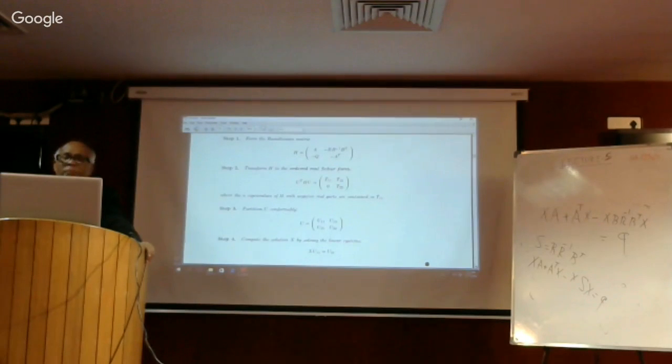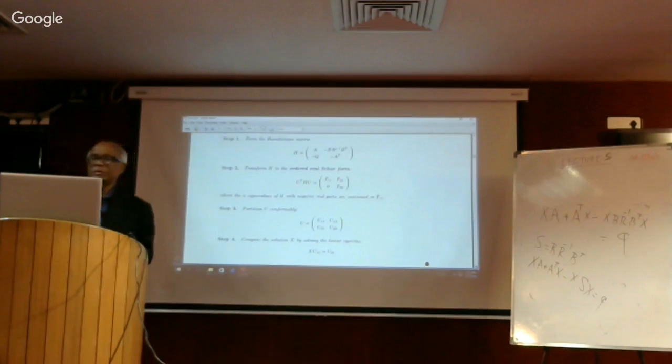And once you have this real Schur decomposition of the matrix H in this ordered form, then what you do, you partition the matrix U conformably. That means your U11 corresponds to T11. Remember, your real Schur form is U transpose HU, this block triangular matrix.